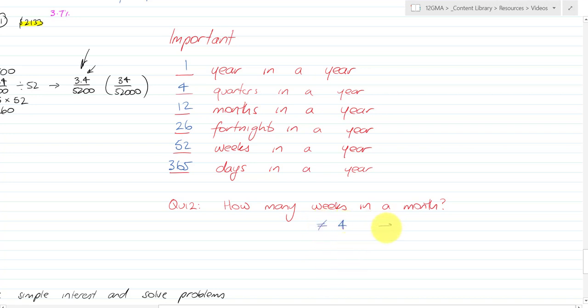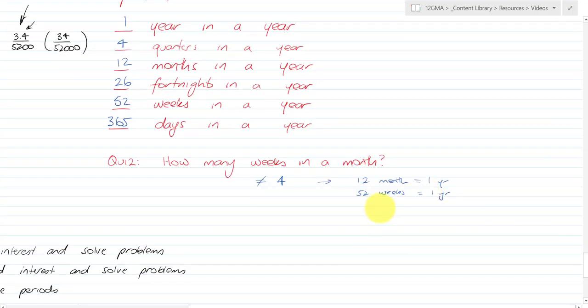The answer is actually that if there are 12 months in a year and 52 weeks in a year, then there are 52 weeks in 12 months. And we divide that through. We want to know how many weeks in a month.